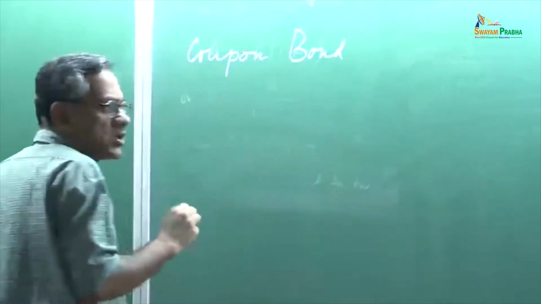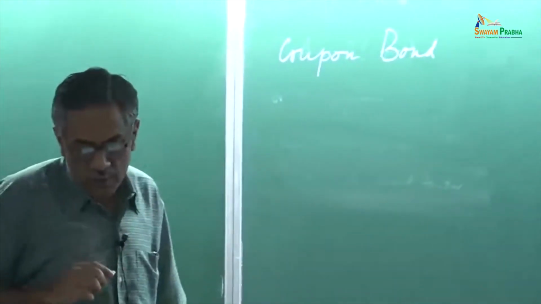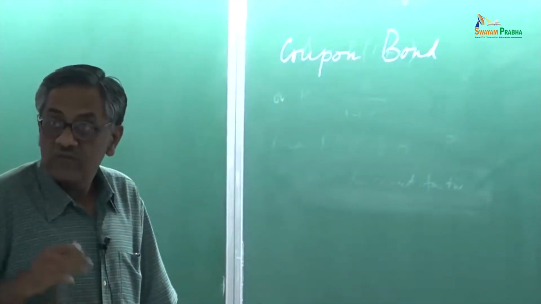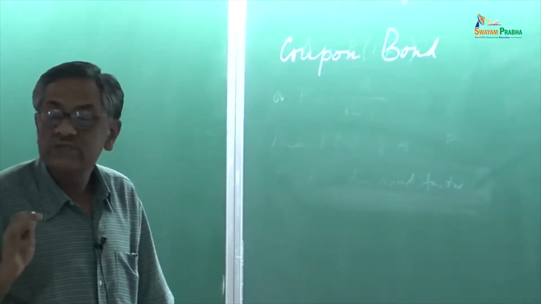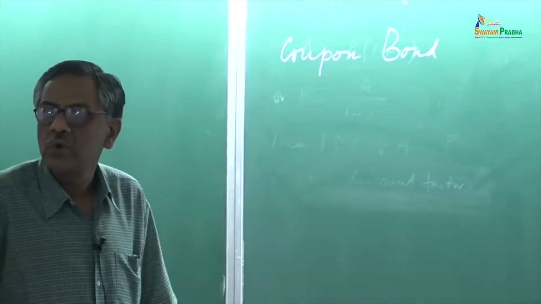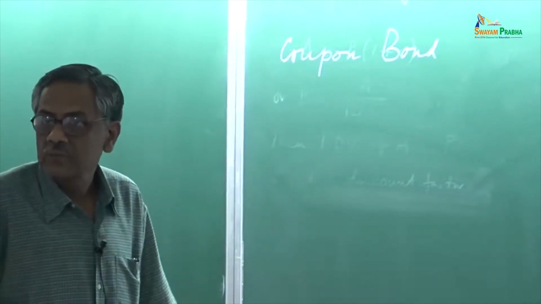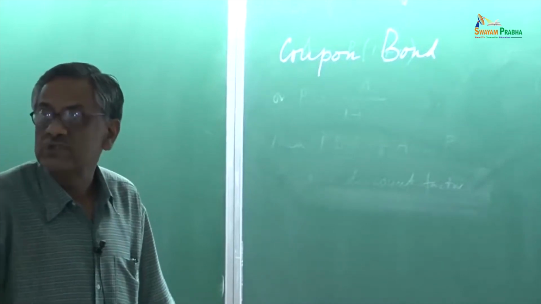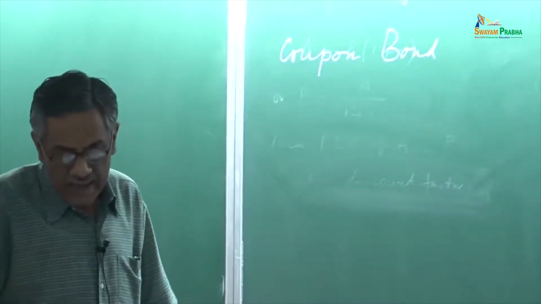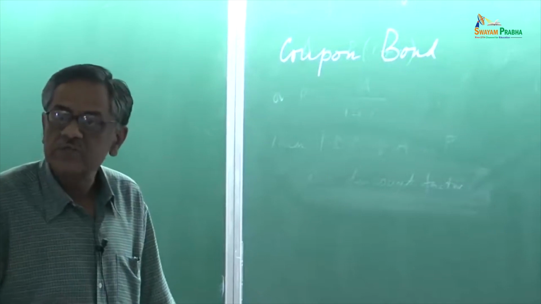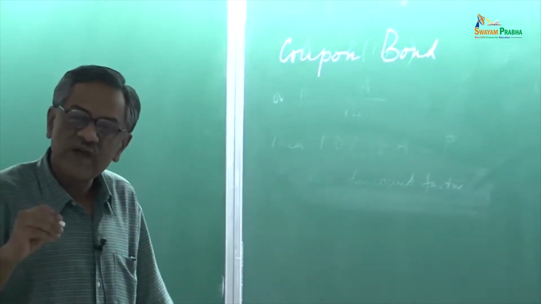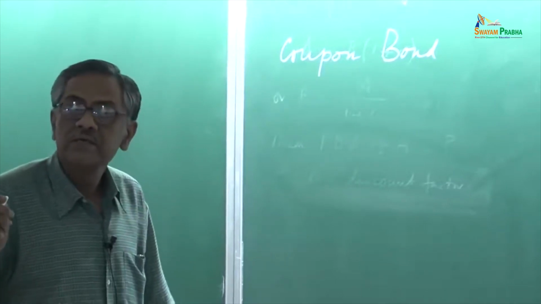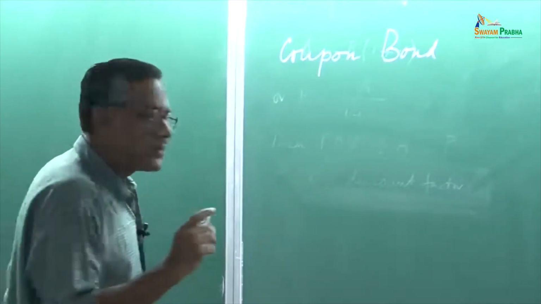Essentially, if you buy a coupon bond, there are various kinds of bonds, I am coming to that. What is a bond? It's a debt instrument. Somebody borrows money, say the government or a company borrowing money from you, selling coupon bonds which you purchase. What do you get? Every period you get a fixed interest payment, which is in fact written on the bond paper, known as the coupon payment.